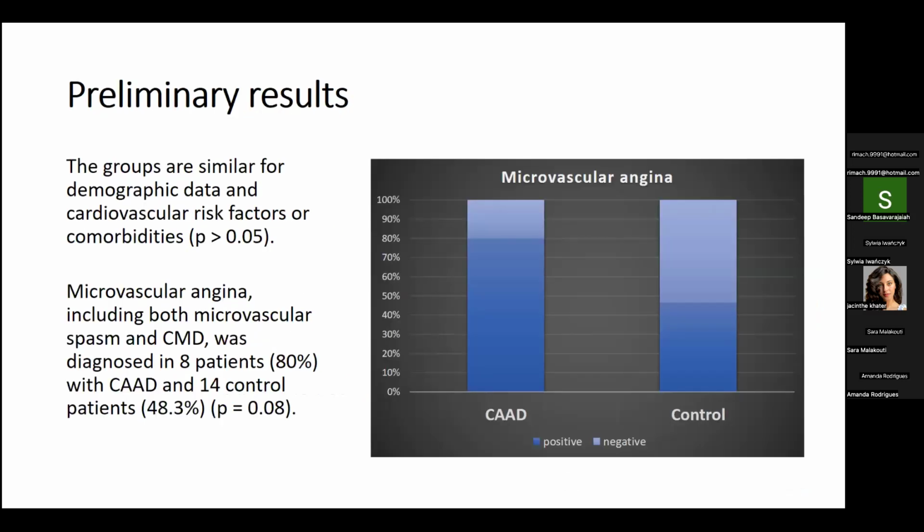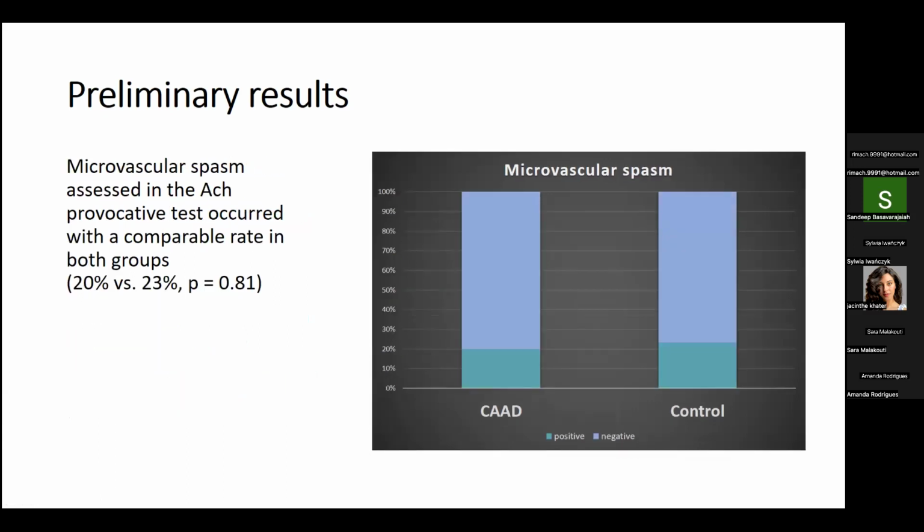And these are results. Of course the group is very small, but you can see there is some difference in the frequency of microvascular angina and, generally, microvascular disease, both microvascular spasm and disease. There is no statistical significance, but there is a trend to higher frequency in the coronary aneurysm group.